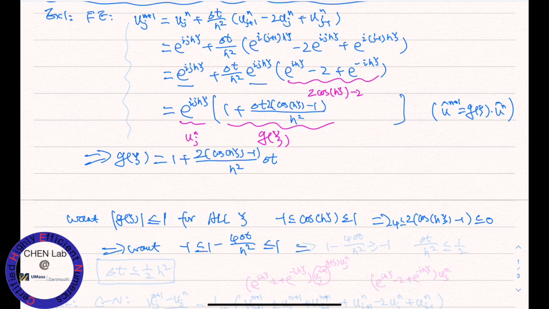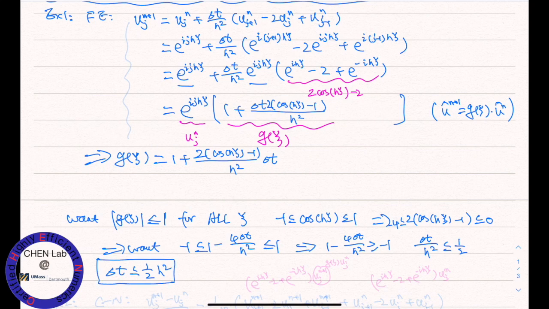So 1 minus 4 delta t over h squared is larger than or equal to negative 1. If you solve that, you get delta t over h squared less than or equal to 1/2, which means our delta t is less than or equal to 1/2 h squared.